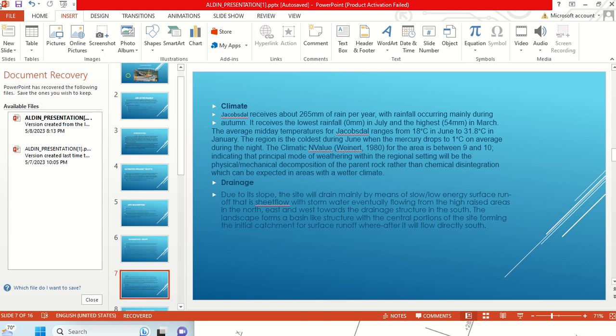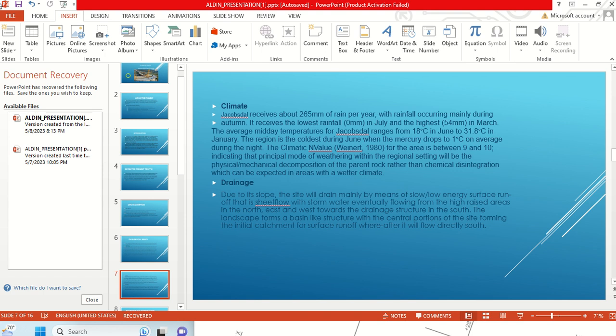The average midday temperatures of Jacobsdal range from 18 degrees Celsius in June to 31.8 degrees Celsius in January. The region is coldest in June, when the mercury drops to 1 degree Celsius on average during the midnights.